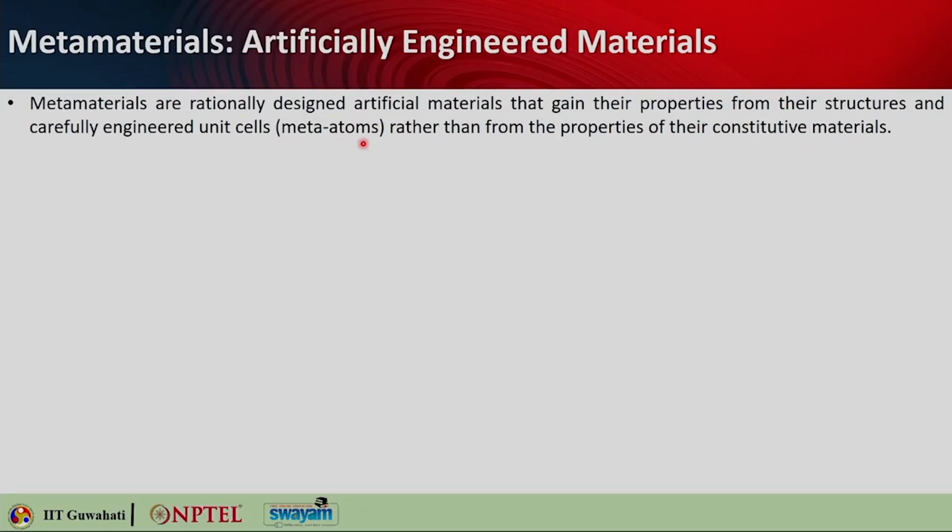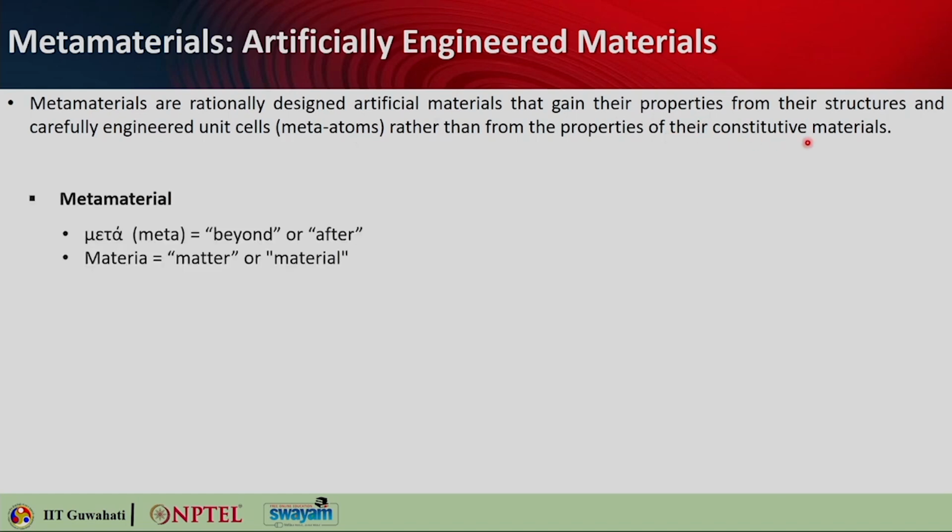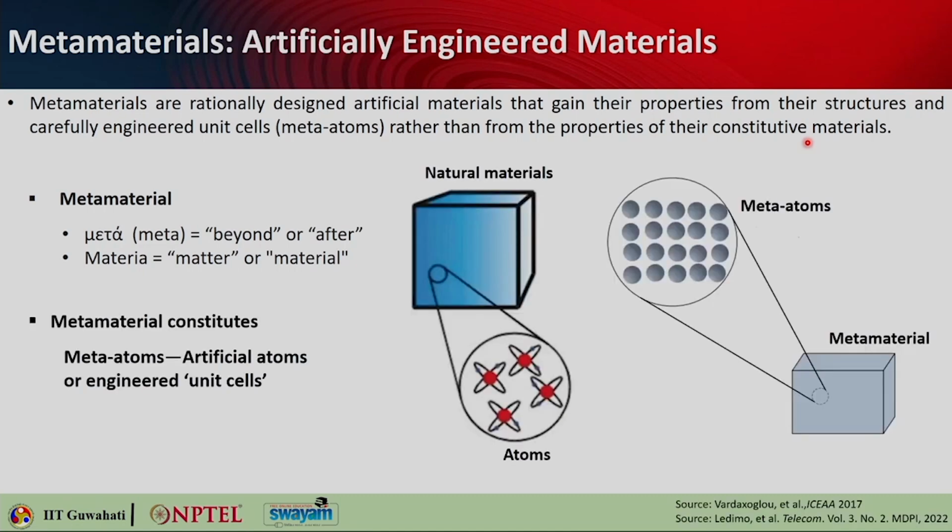And these properties do not come from their constituent materials. That is very important. As I mentioned before, meta is a Greek word that means beyond or after, and materia is nothing but materials. So it is actually beyond natural materials.